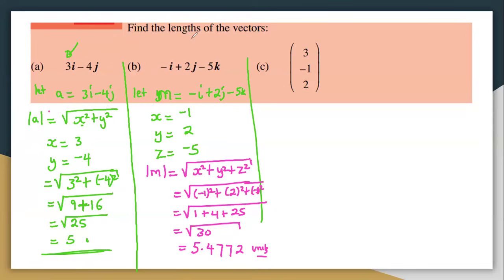Yes, Gilbert? I'm asking whether it is a must that we simplify the square root or we can leave it as a surd. Now it will depend on the item and the question. In case the question does not specify, then the best way is to simplify it. So you write your root 30 and then you write your final one.